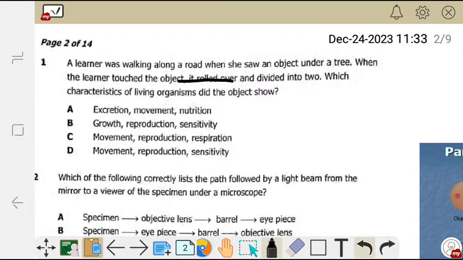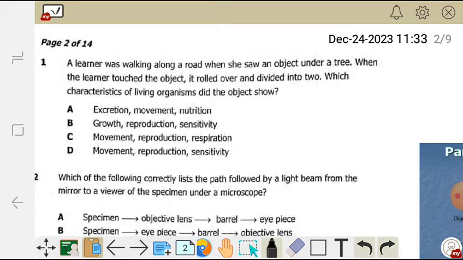Rolling over shows that it moved. Immediately it was touched, it sensed, and after it sensed, it moved. So we have sensitivity due to touch, and then movement due to rolling. Dividing itself into two is reproduction.